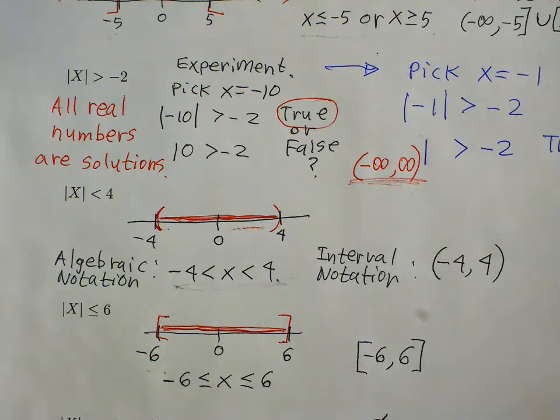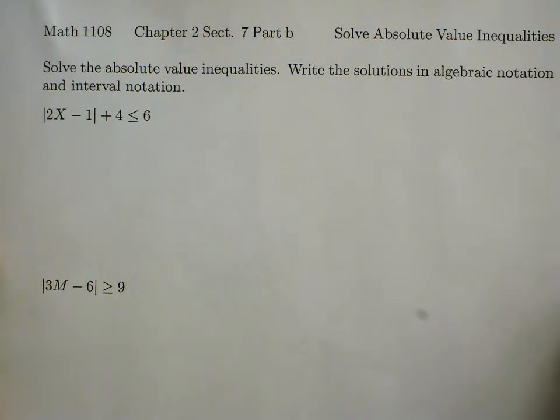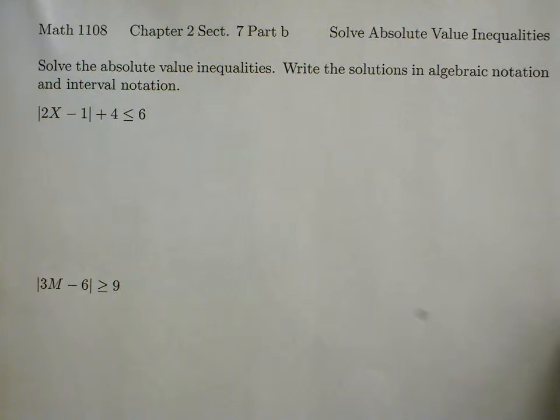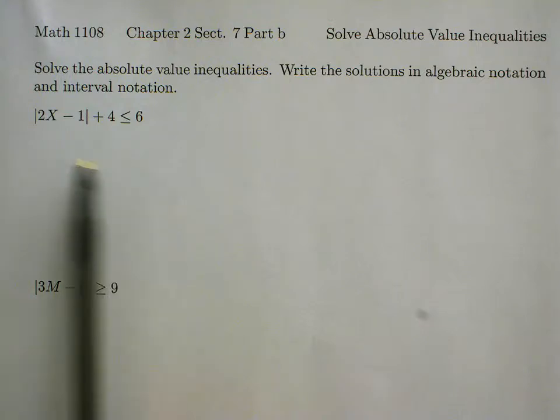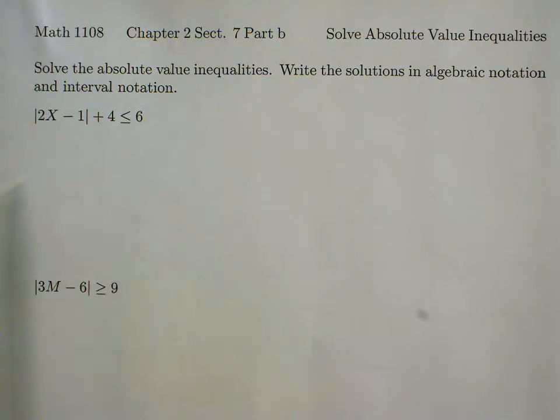Okay, so let's look at some more complicated ones. When we were solving absolute value equations yesterday, the first thing we wanted to do was get the absolute value part by itself.